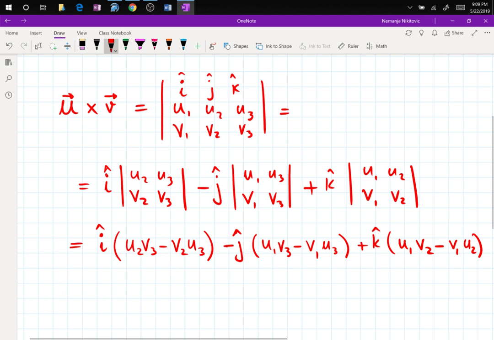And then you box this. That's the way we compute. Clearly this is ijk, so it's a vector.